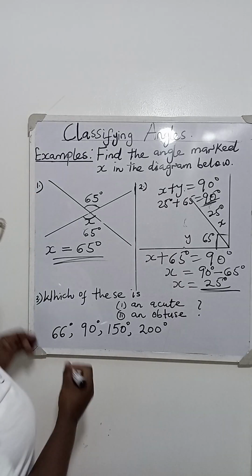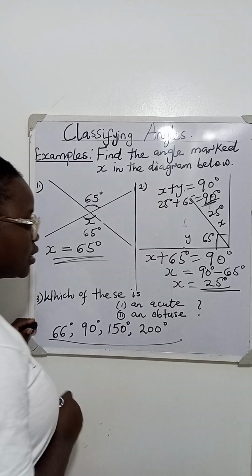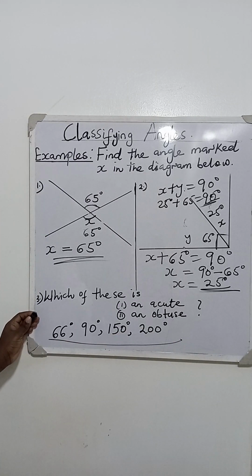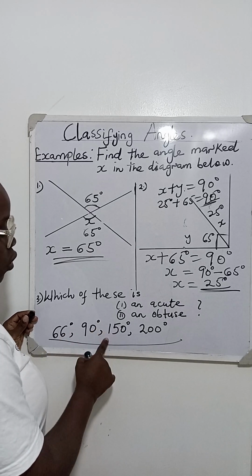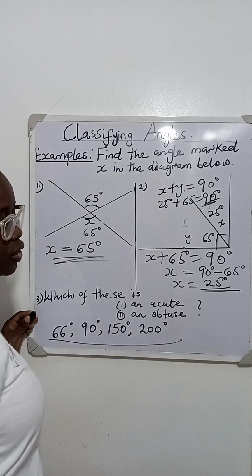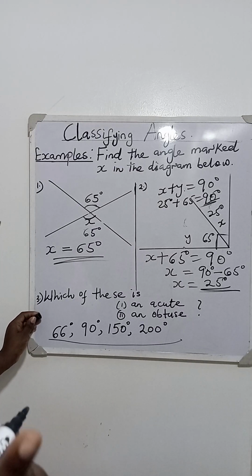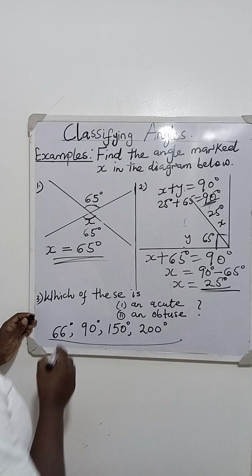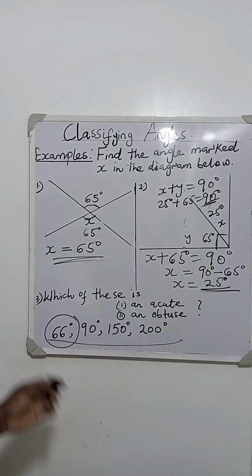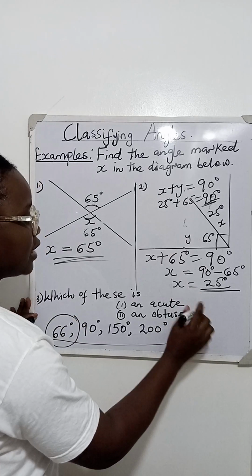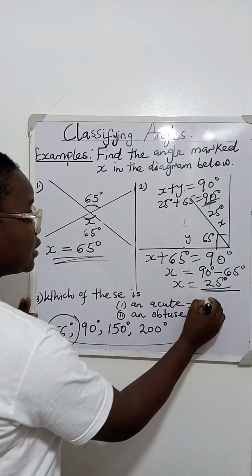So which of these is an acute angle from the definition of an acute angle? Is it 66 degrees, 90 degrees, 150 degrees, or 200 degrees? Which of them is less than 90 degrees? Of course, it is what? 66 degrees.